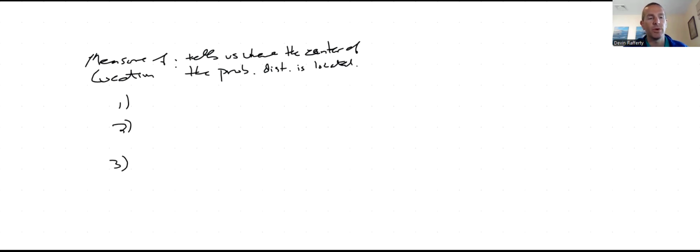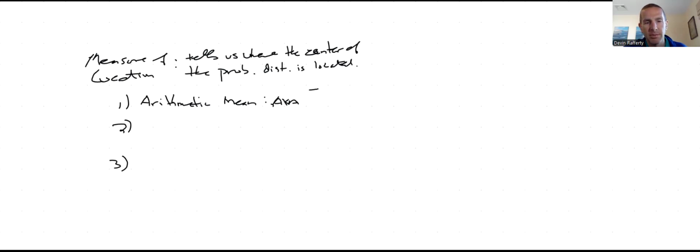Okay. When we're doing quantitative analysis, the three most common measures of location are the arithmetic mean, aka the average, but it is not an average, it's the arithmetic mean. Okay.